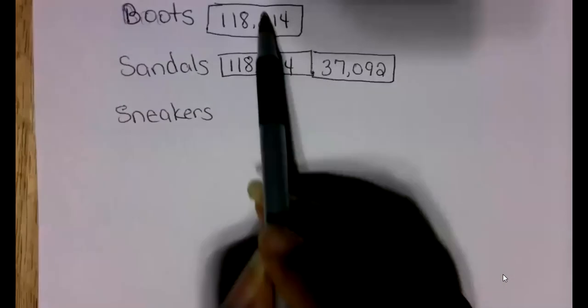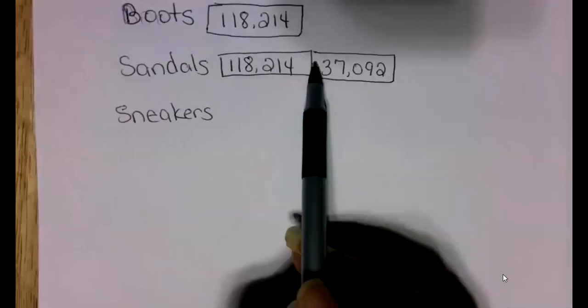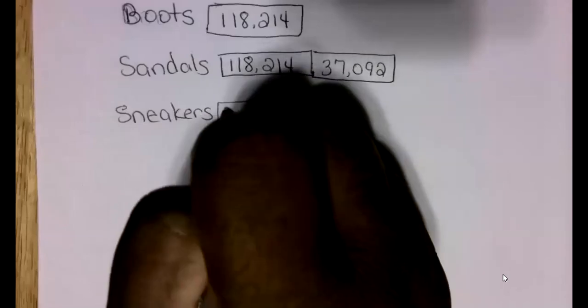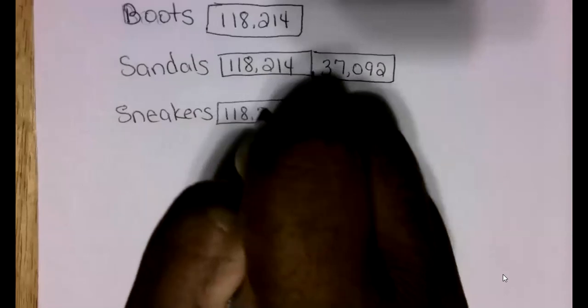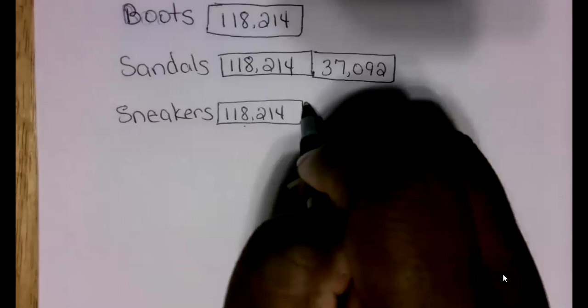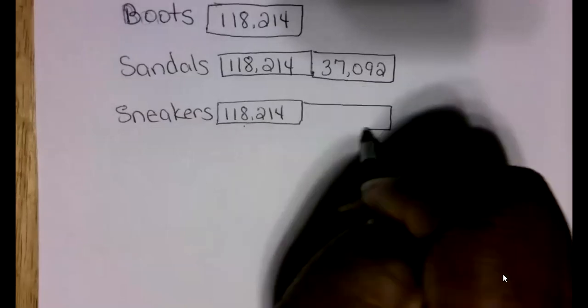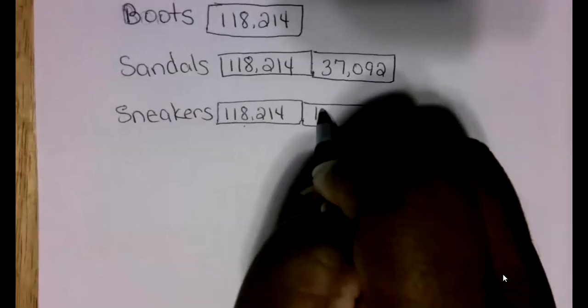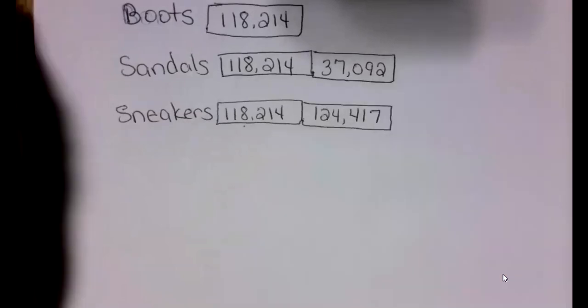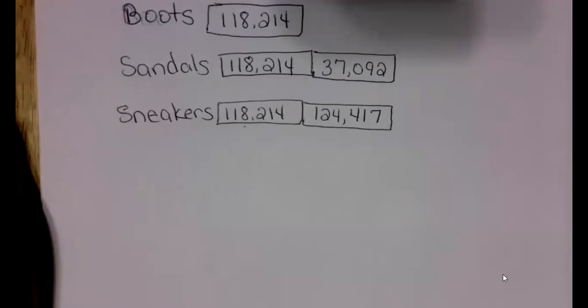So I sold the same amount, but then I went over and sold more. And then with the sneakers, because the sneakers said I sold so many more than I sold boots, that means I sold the same amount of boots plus 124,417. So that's my tape diagram.